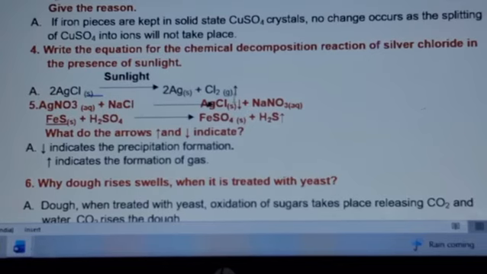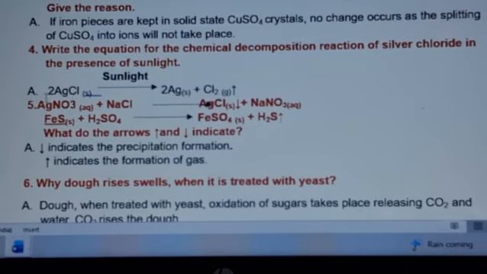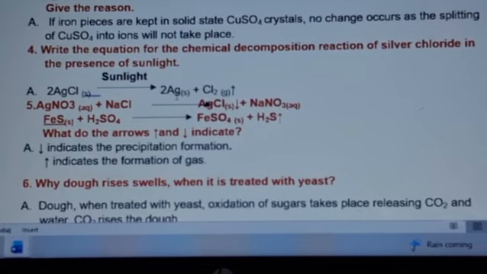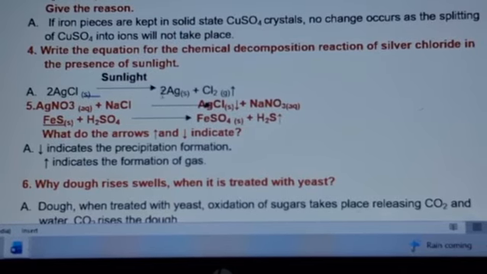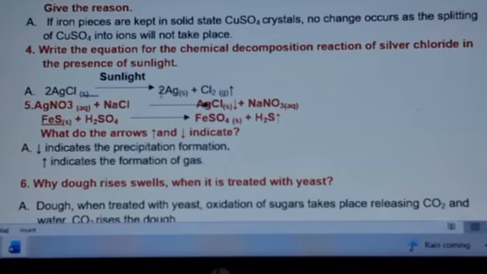Chlorine will be exposed in the form of gas. When you are balancing, chlorine 2 are there, so to make chlorine 2, you multiply by 2. While doing so, silver is becoming 2 here, and here only one silver is there. This multiple of 2 will balance the chemical equation.